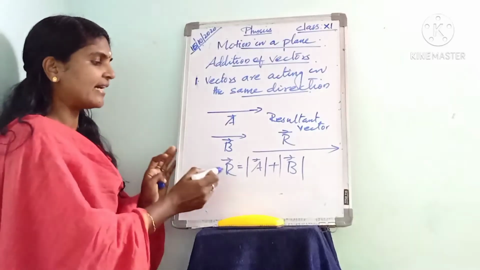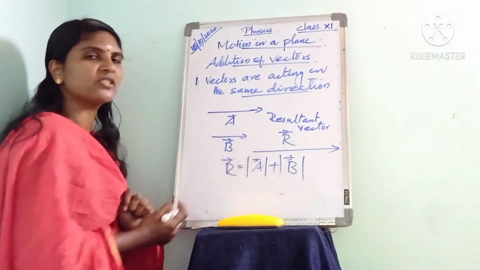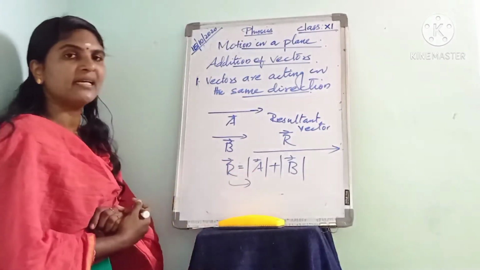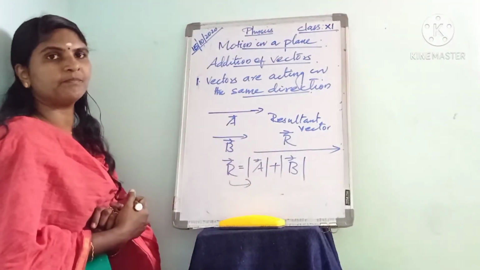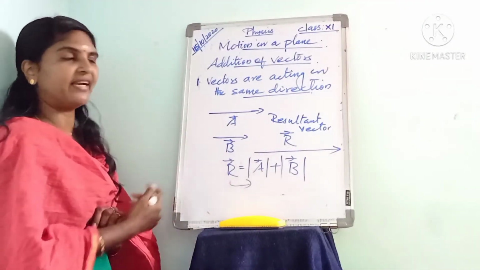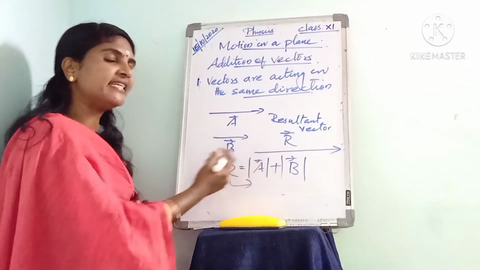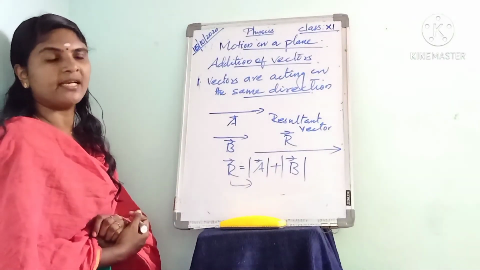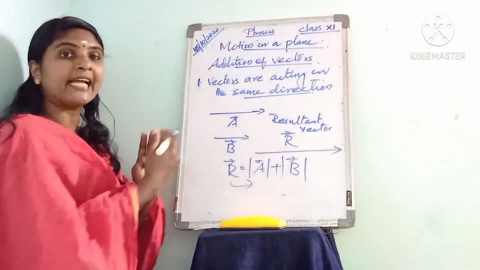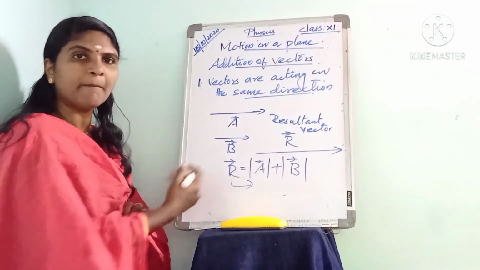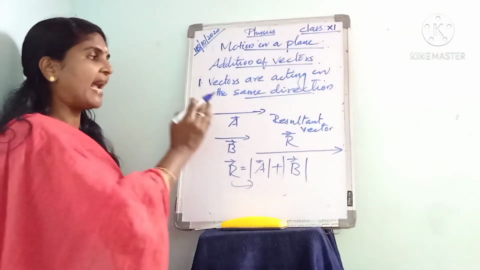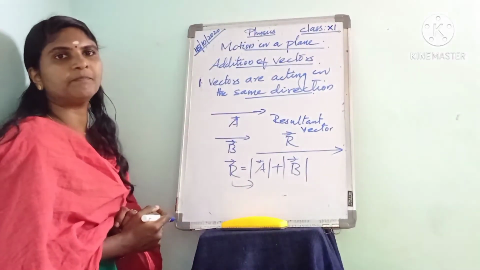So the resultant vector R can be written as modulus of A plus modulus of B. The direction of R is in the direction of A or B, because both are acting in the same direction. That is the addition of two vectors when they are acting in the same direction.